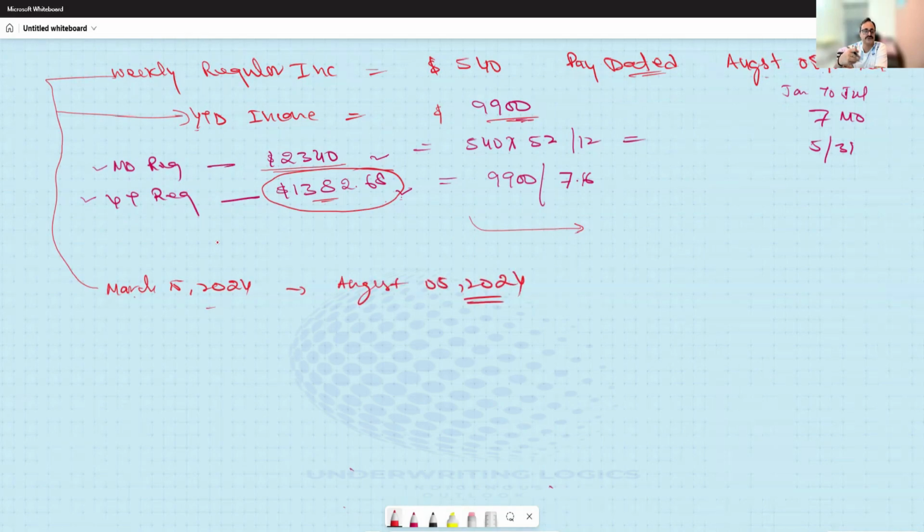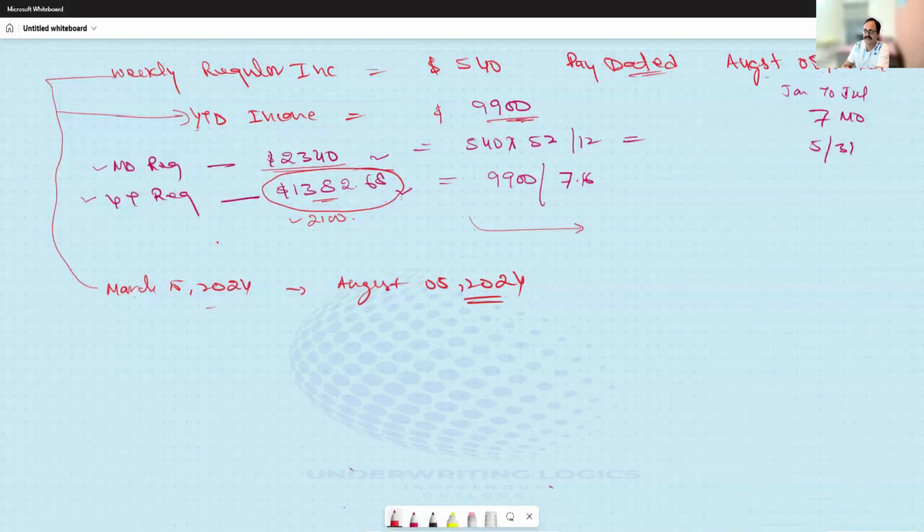This scenario also needs to be taken care of. If this income would have been, let's say, 2100, I would still say, okay, maybe he might not be working full hours, so his income could be less. But how much less? 50% is not possible.